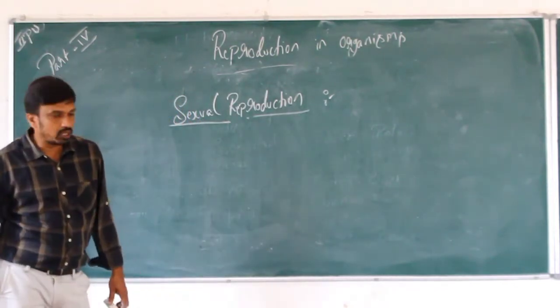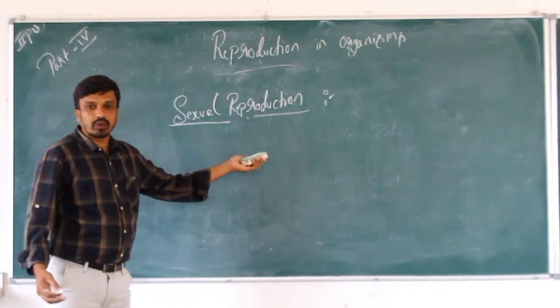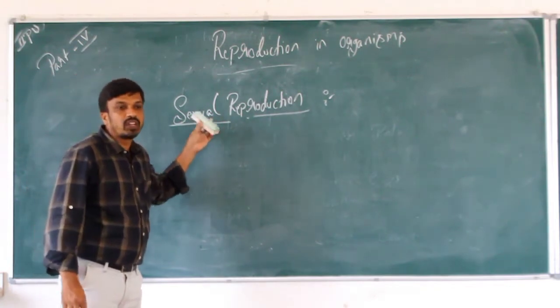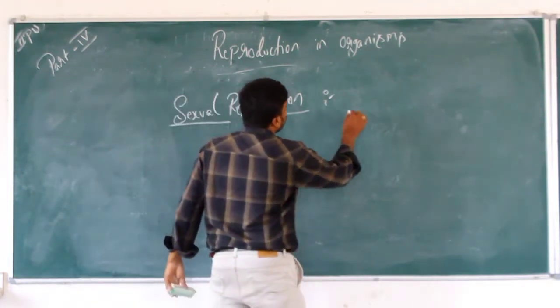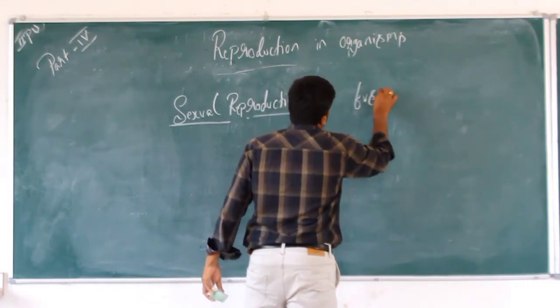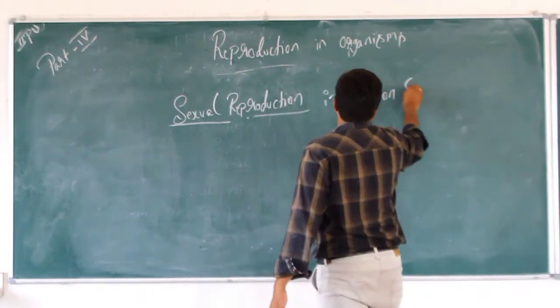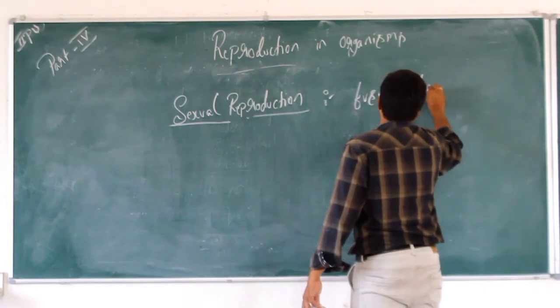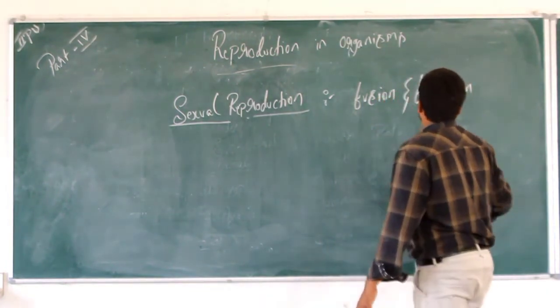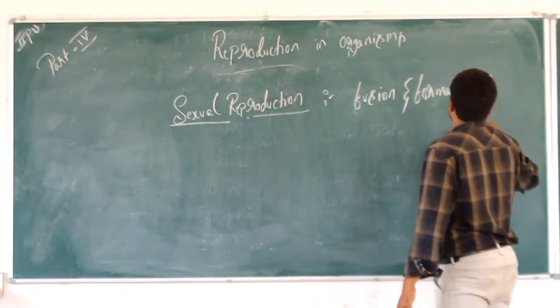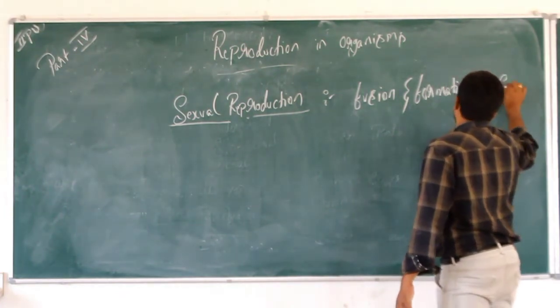Sexual reproduction is a type of reproduction in which there is fusion and formation of gametes.